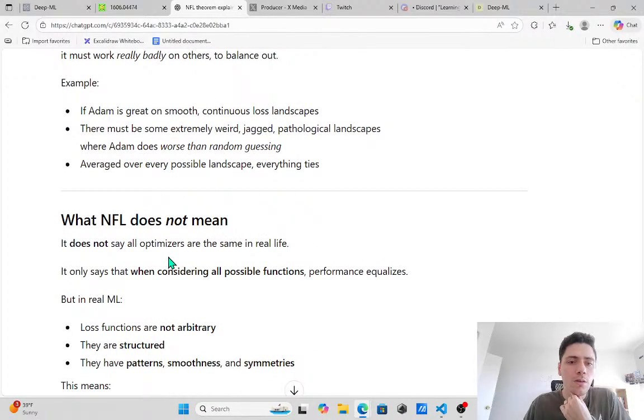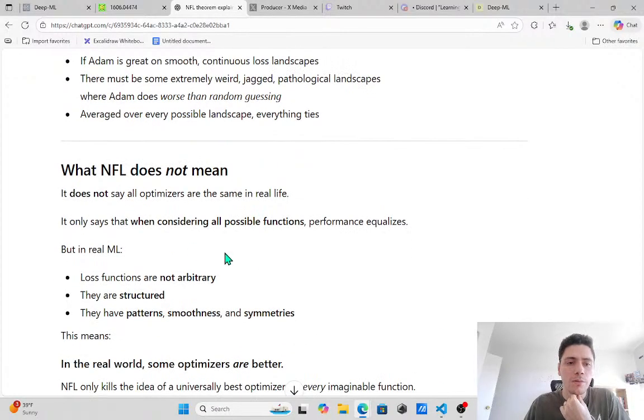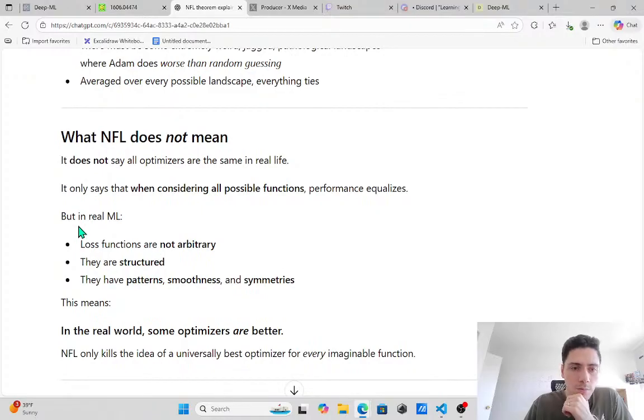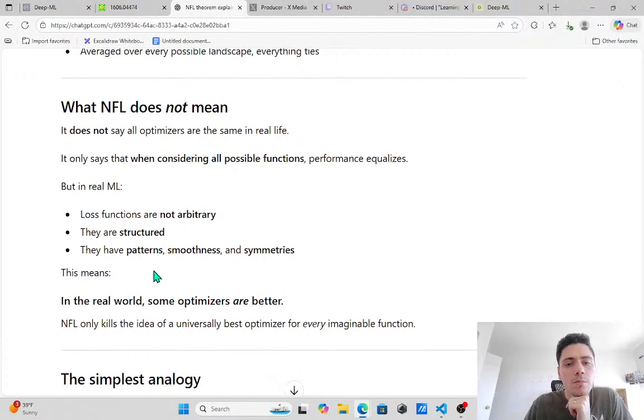It's not saying all optimizers are the same in real life. My whole thing is, hey, there are definitely patterns in these loss functions amongst different tasks and architectures that can be exploited. And why are we doing it hand-drawn?